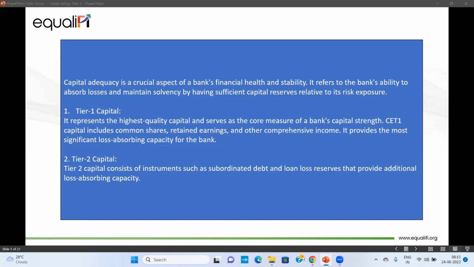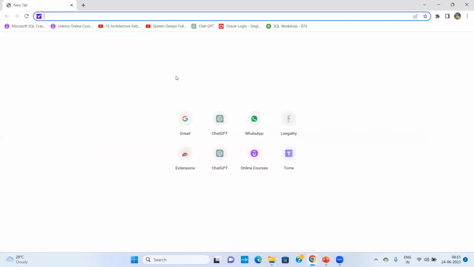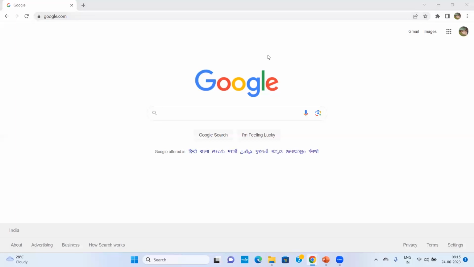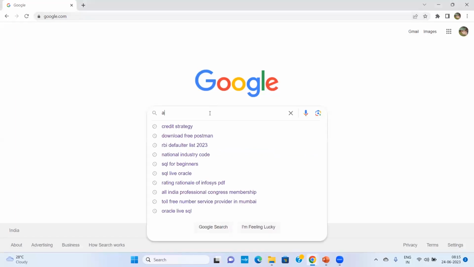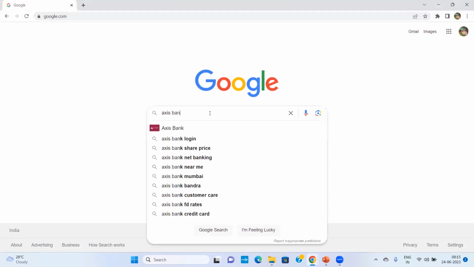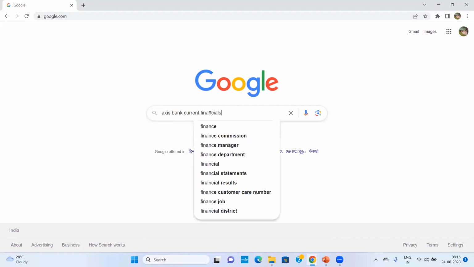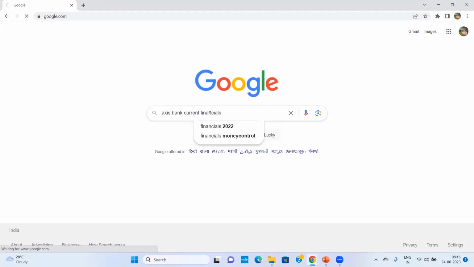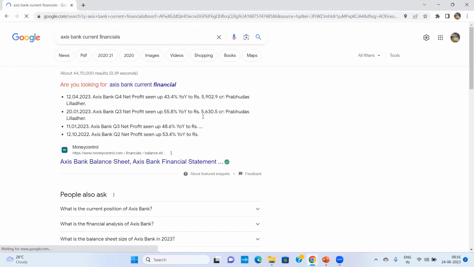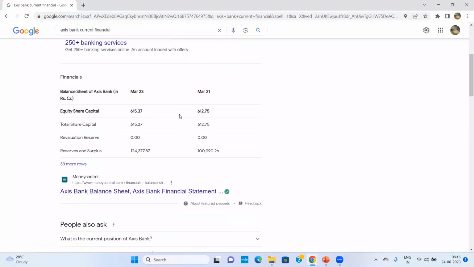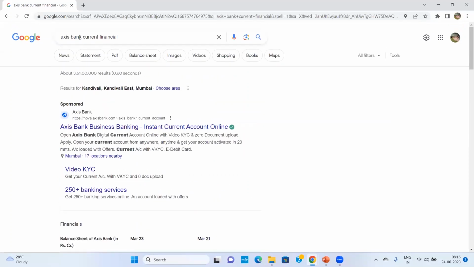Since you have raised this topic, let me find out in case I am able to find the financials of any Indian bank, say, the net worth of Axis Bank.